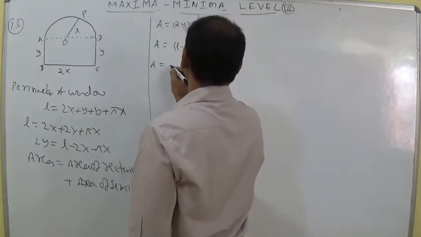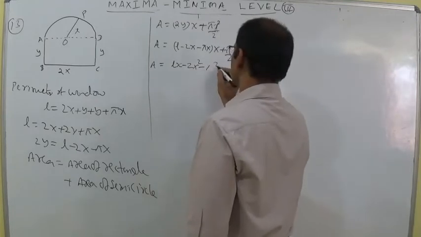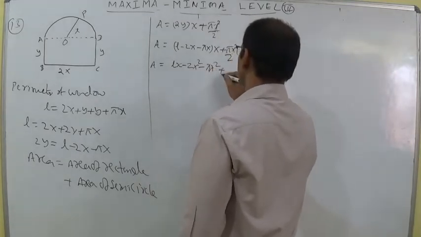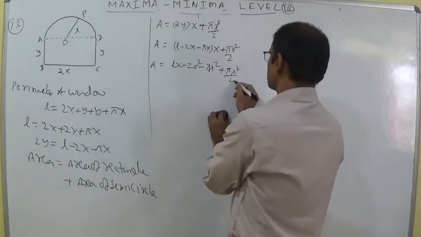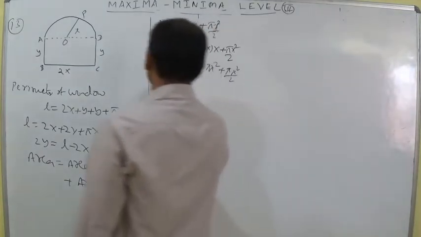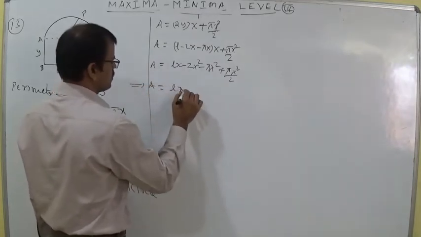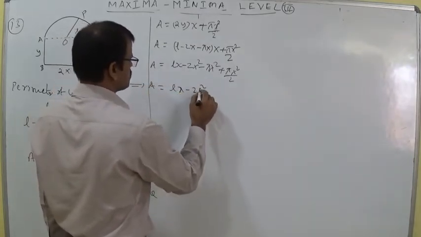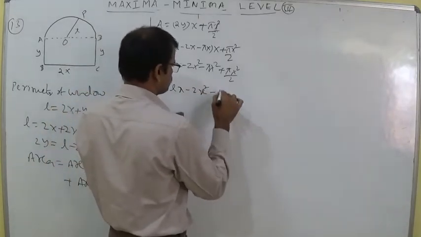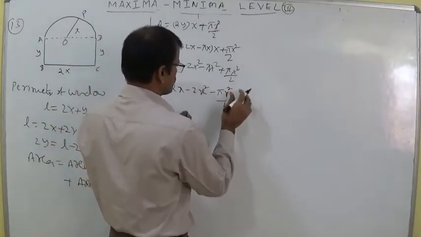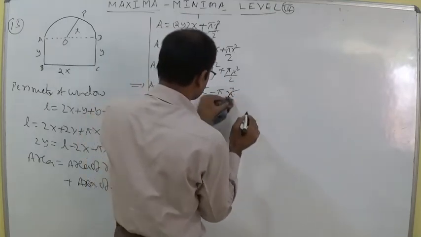Area, next step we can write here Lx minus 2x square minus pi x square plus pi x square by 2. Minus pi x square plus pi x square by 2. Next step, that implies A is equal to Lx minus 2x square minus pi x square by 2.